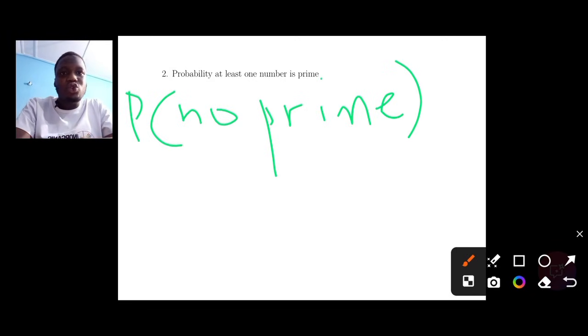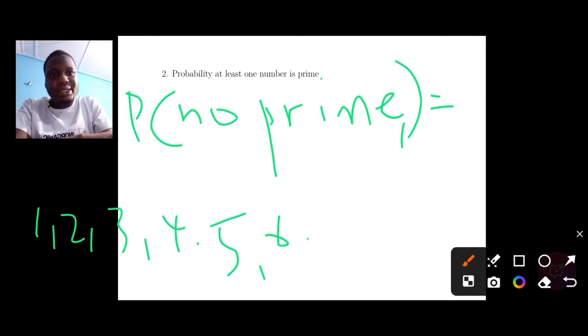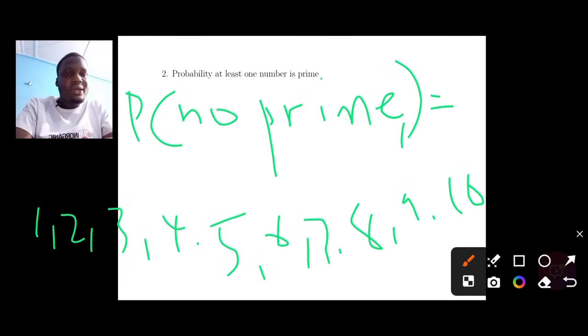And remember, we are choosing 2. So the probability of getting no prime in the first one. So prime numbers. So we have 1, 2, 3, 4, 5, 6, 7, 8, 9, and 10. The numbers that are not prime numbers, we have 1.